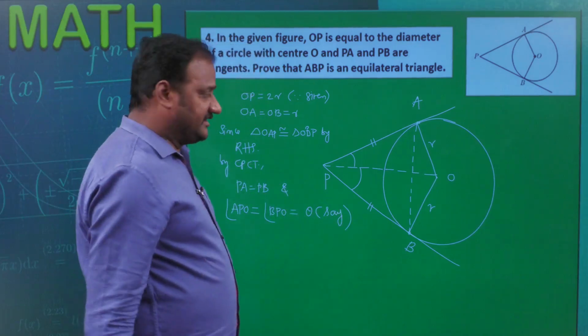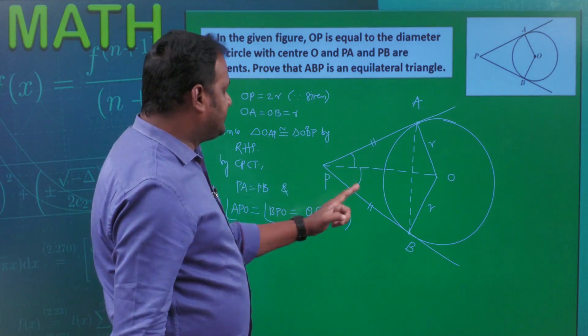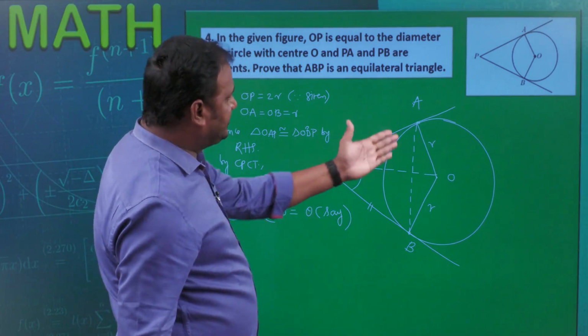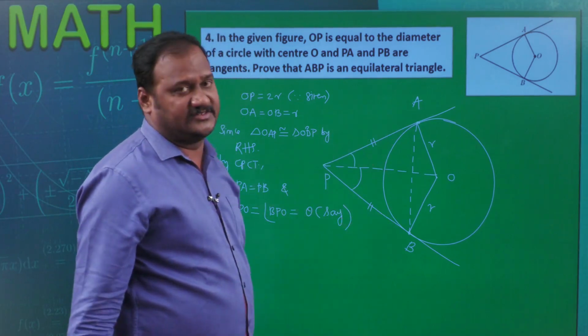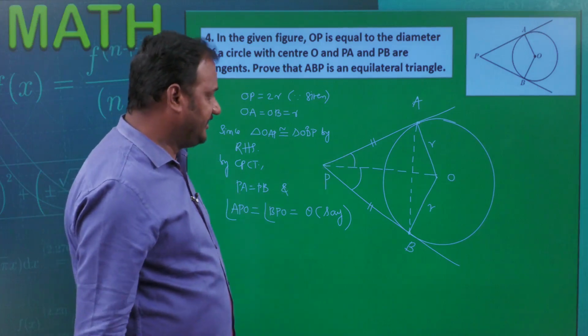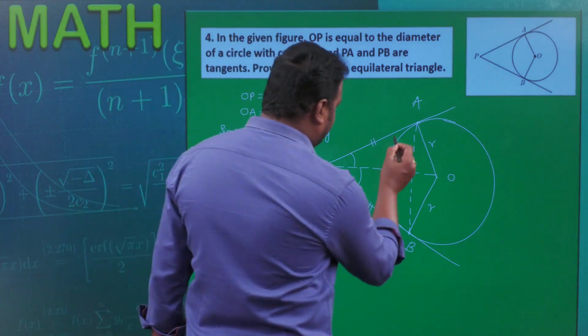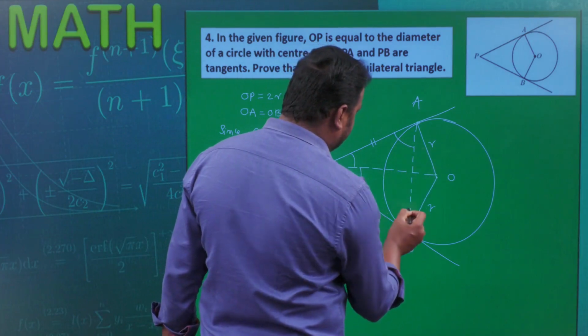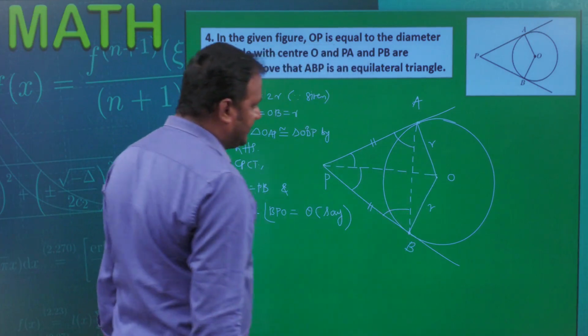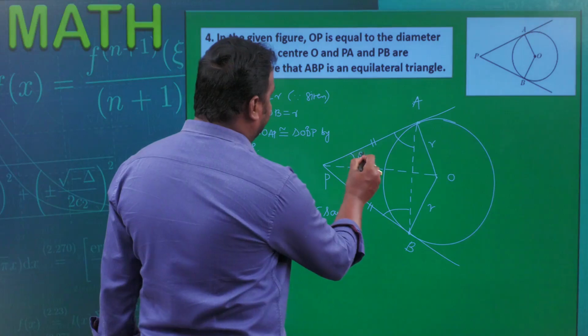Let it be theta. Now these two sides are equal, then obviously triangle APB is an isosceles triangle, because two sides are already equal. If two sides are equal, then two angles are equal, then this angle is equal to this angle. Correct? So anyway, you have taken this is theta, right?